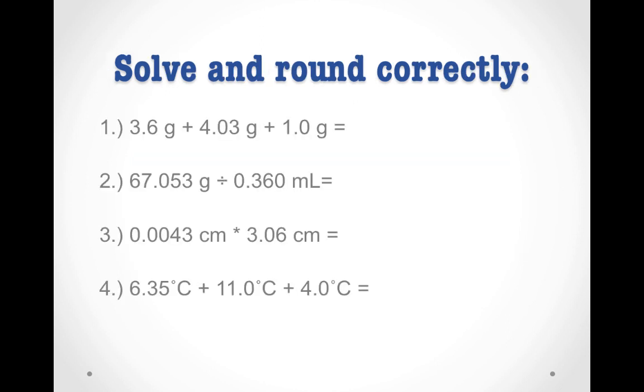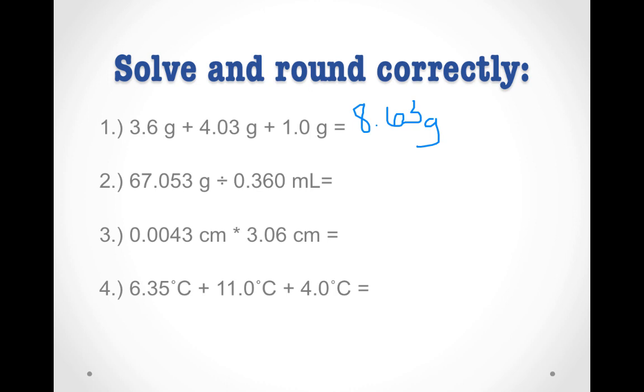Let's try putting these into practice. We'll do two together, then you can pause the video and try some on your own. To begin, we want to calculate a raw, unrounded answer. For the first one, we end up with 8.63 grams. Now, since this is an addition problem, we want to round to the same number of decimal places as the measurement with the fewest decimal places.